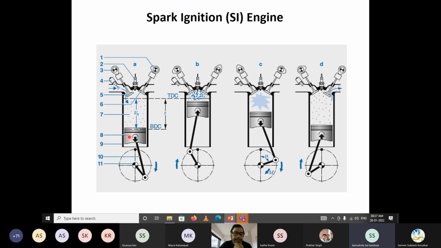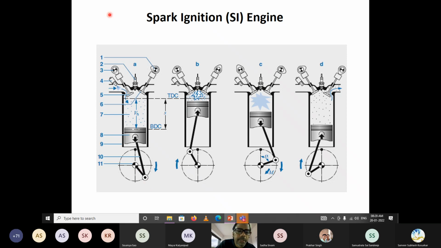Eighth, piston. Ninth, liner. Very good. Tenth, connecting rod. Eleventh, crankshaft. Wow, that's really very good.